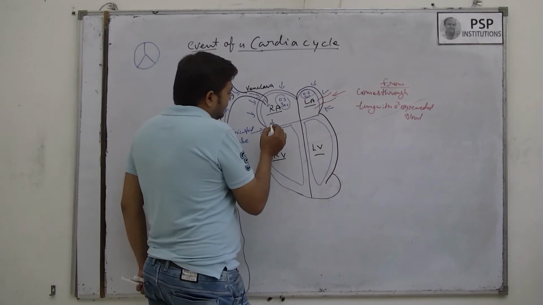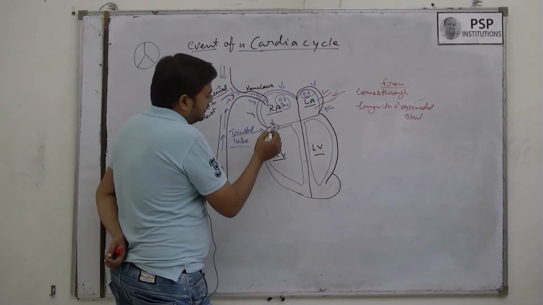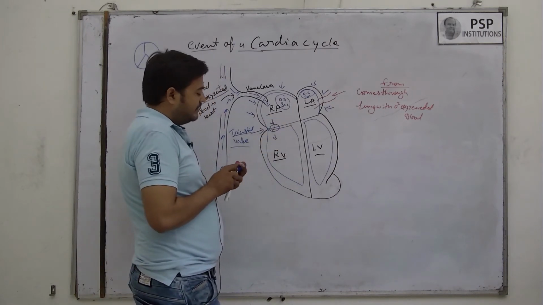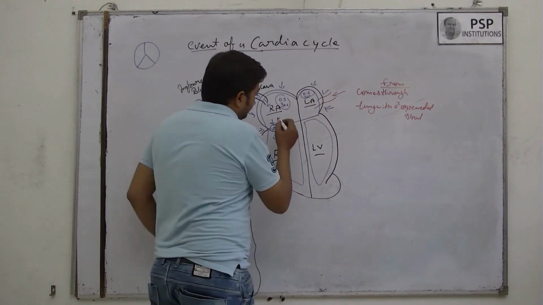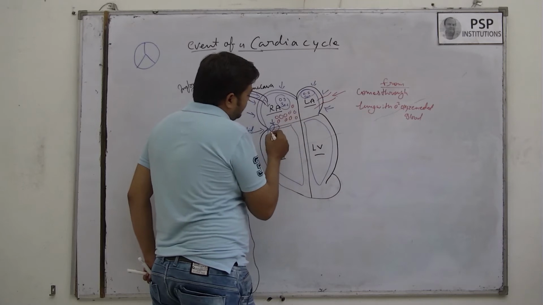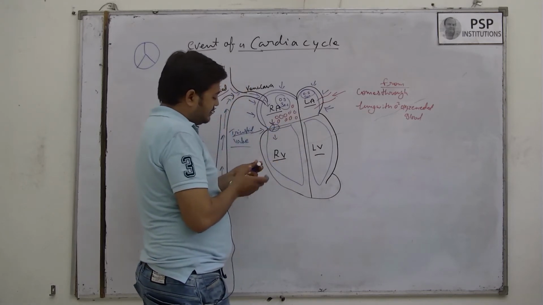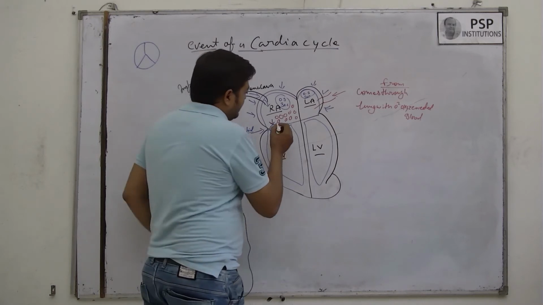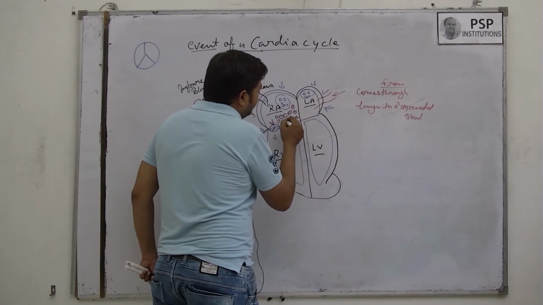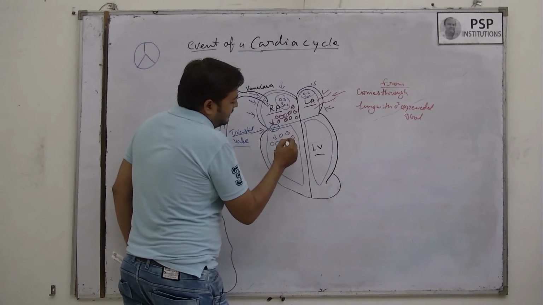The blood which comes from the inferior vena cava passes through this valve. That is impure blood, that's why it is blue. And it comes into the right ventricle.